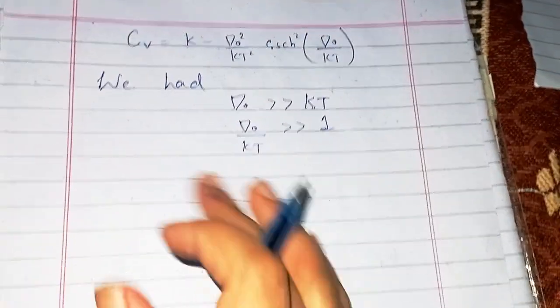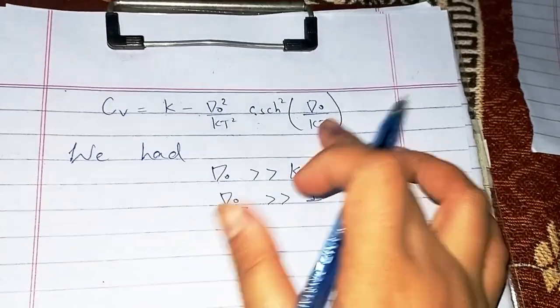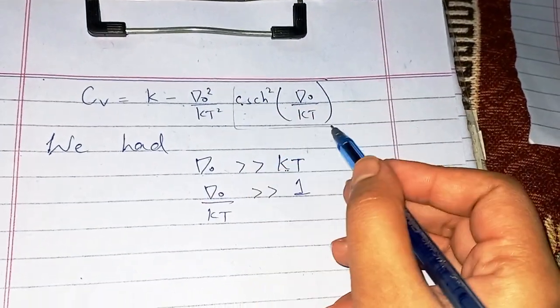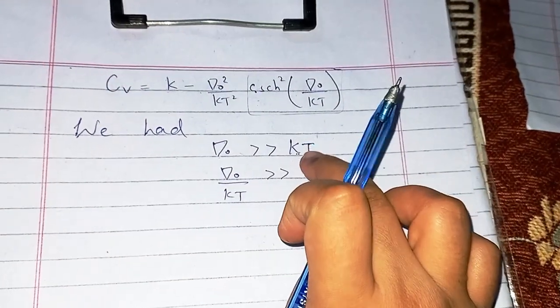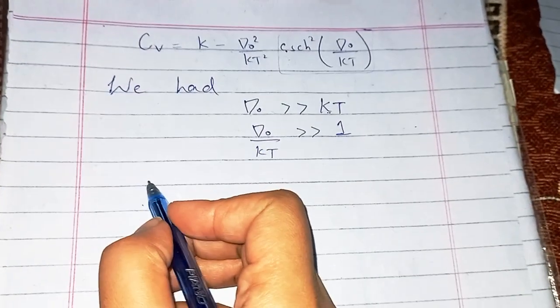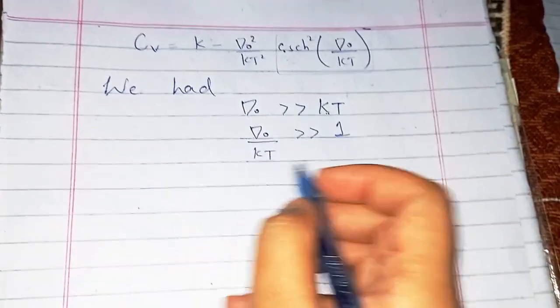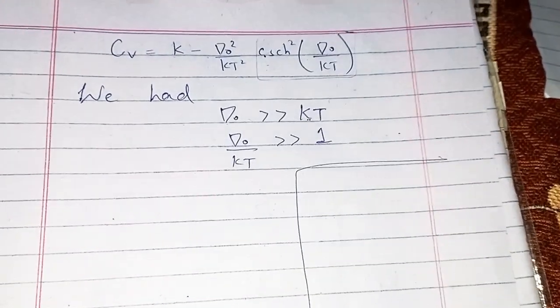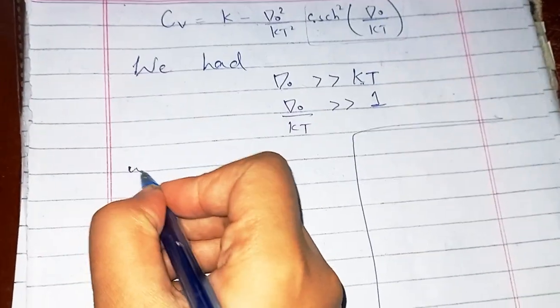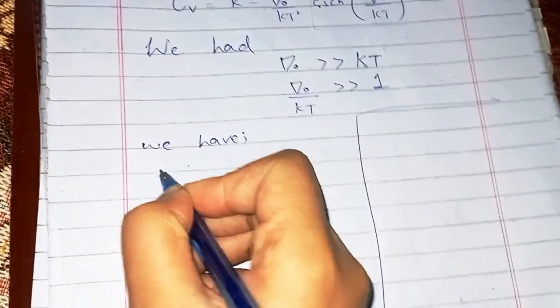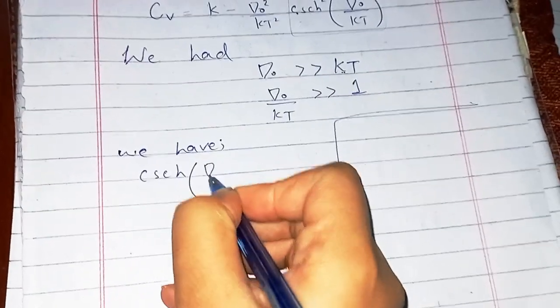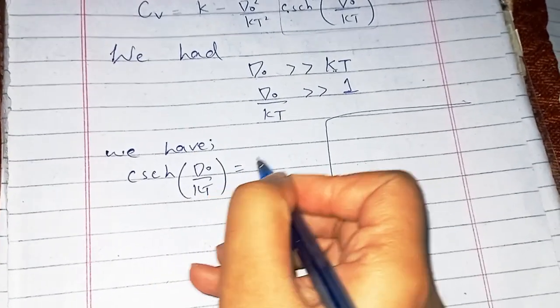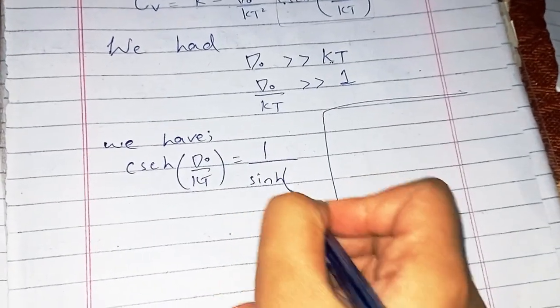So we can write this, and here we have a situation which could be approximated. For that purpose, let's say we are doing it in rough work, or you can do it in neat work as well. We have cosecant hyperbolic delta naught by kt equal to 1 over sine hyperbolic delta naught by kt.